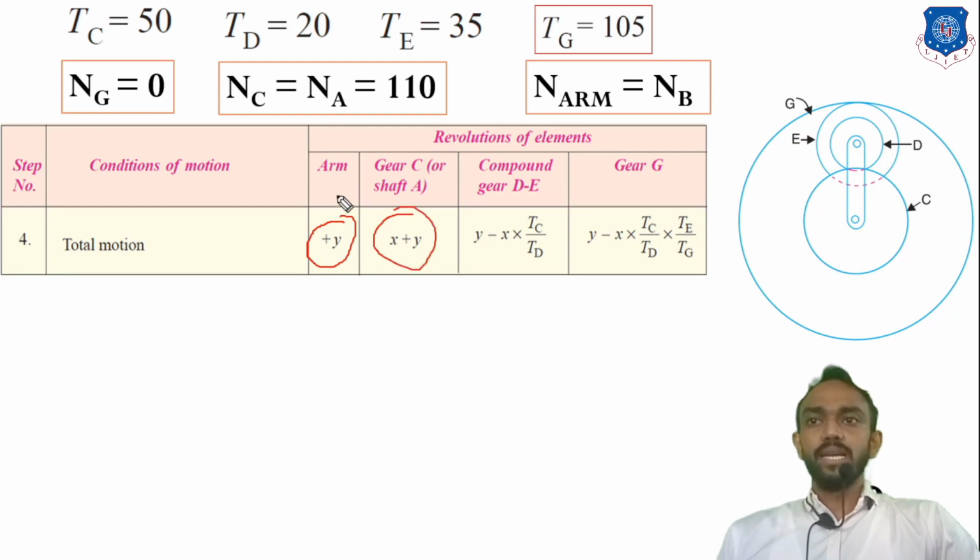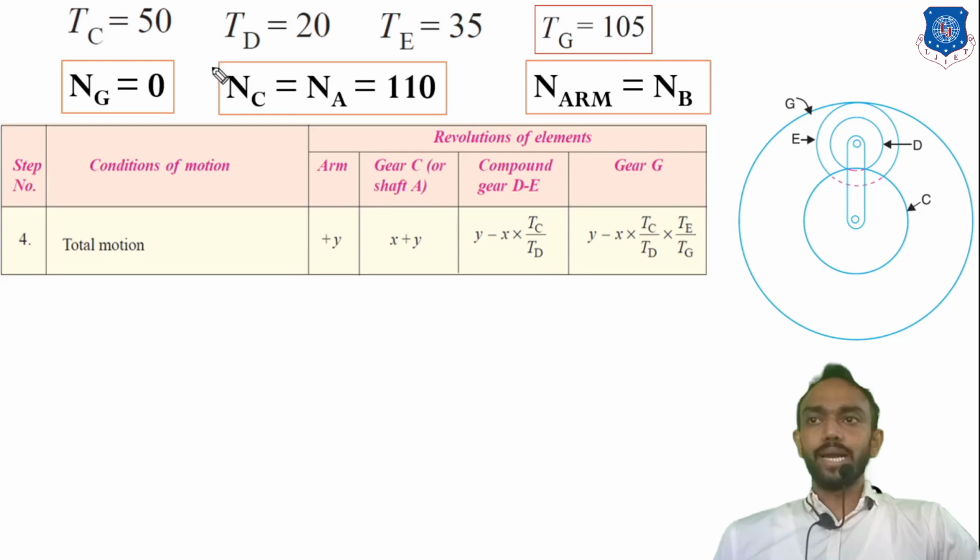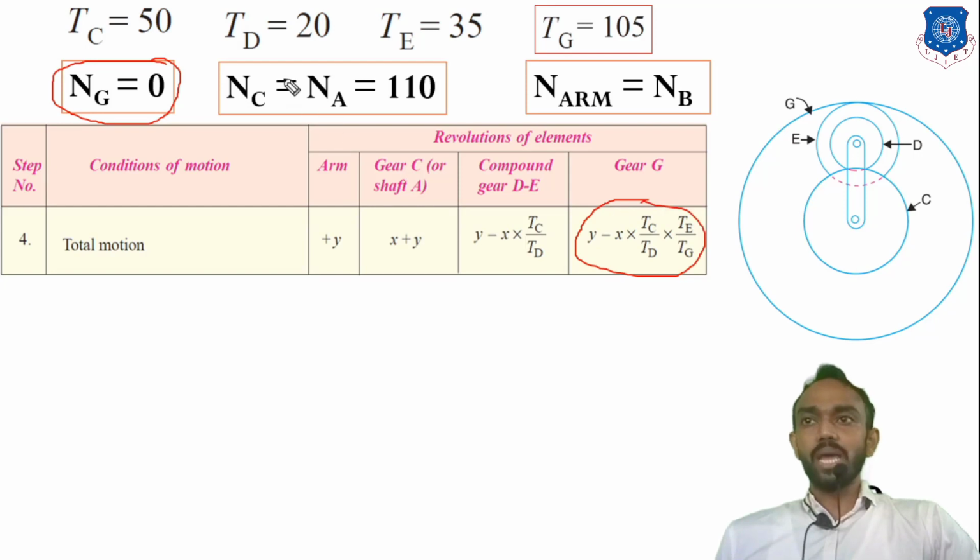X is the RPM of the arm, X plus Y is the RPM of C or shaft A, this is the RPM of DE, and this is the RPM of gear G. So we compare: the RPM of G is equal to 0, and the RPM of gear C is equal to X plus Y.